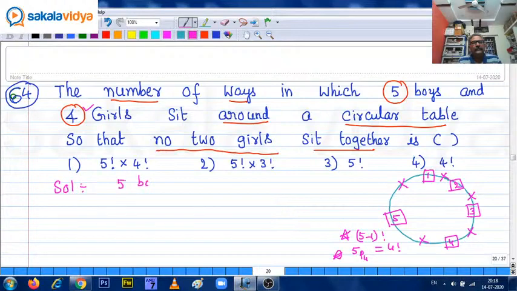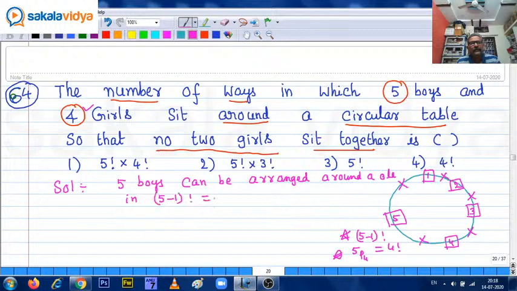Five boys can be arranged around a circle in 5 minus 1 factorial, which is equal to 4 factorial. This is the first task.